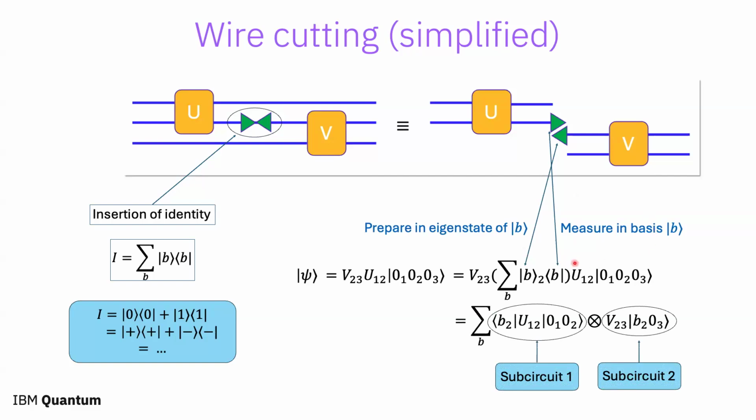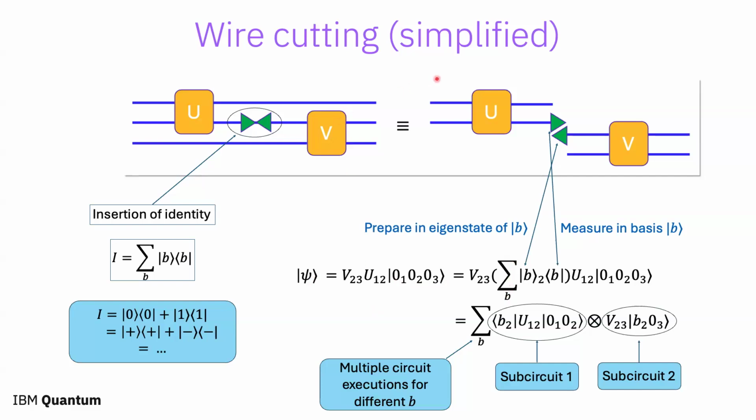And now you can say that this part depends only on qubits 1 and 2, so this part becomes a subcircuit. This part depends only on qubits 2 and 3, so this part becomes another subcircuit. And I need to run this multiple times for different types of B. So here, if it is 0, 0 plus 1, 1, I need to run it twice. So this is how you do wire cutting, right?